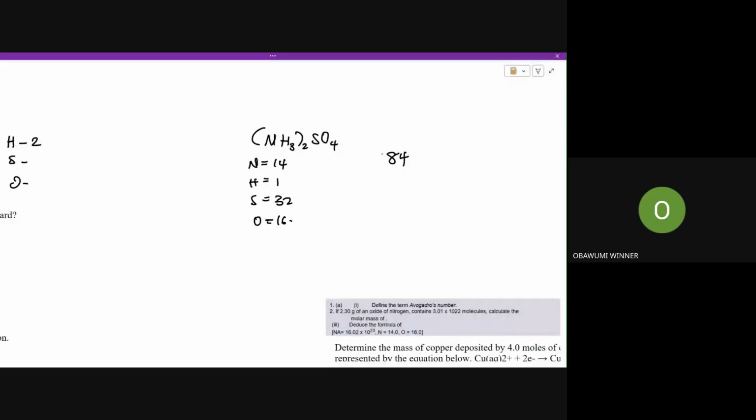So nitrogen has a molar mass of 14, while hydrogen has a molar mass of 1. We multiply 3 times 1, so we have 3. So for ammonia, we add nitrogen, 14, and hydrogen, 3, so we get 17, right?